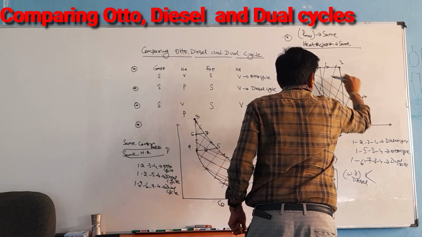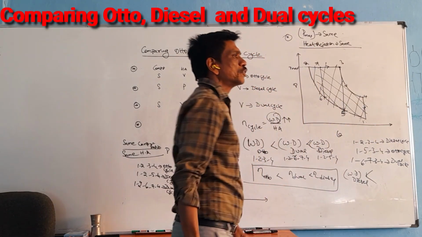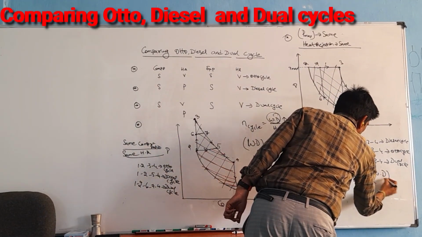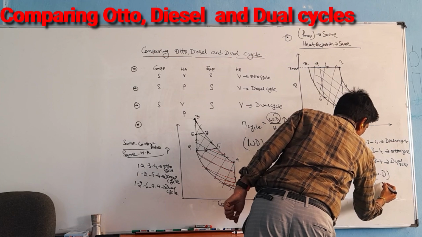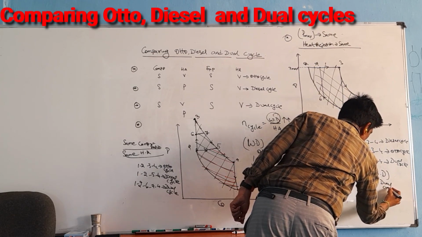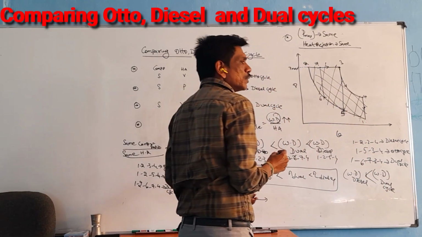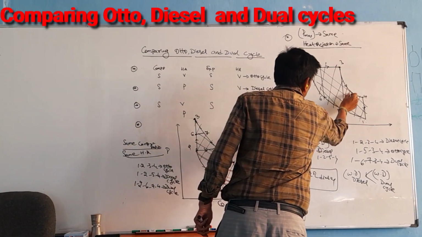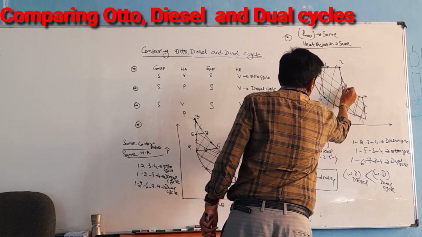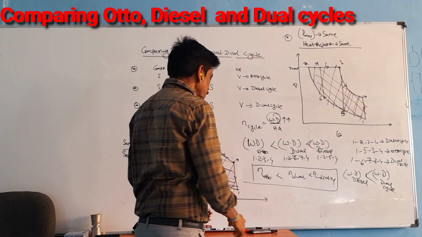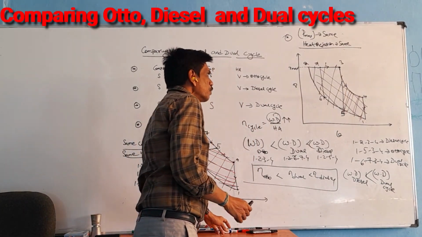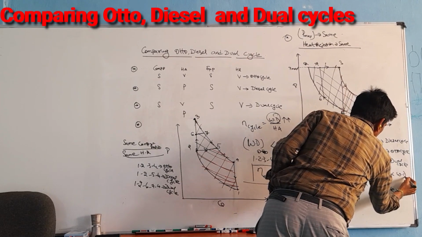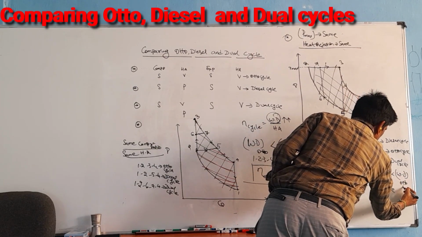This much is the work done for the dual cycle. So next in the order, the work done is more for the dual cycle. For the Otto cycle, you can see only this much work is done, the area under 1, 5, 3, 4. That is the work done for the Otto cycle.